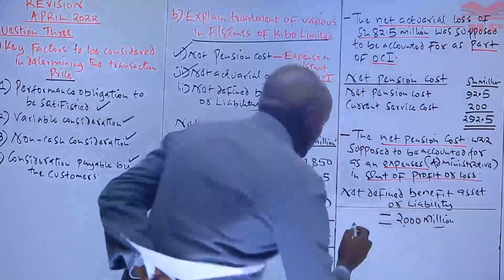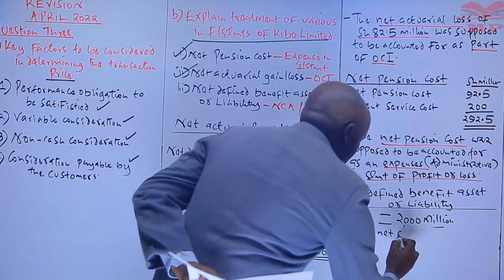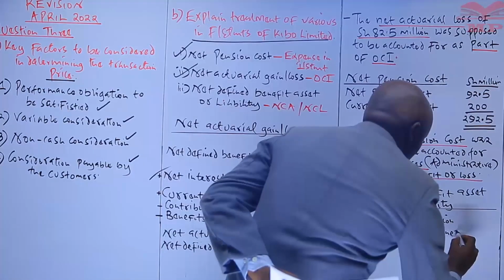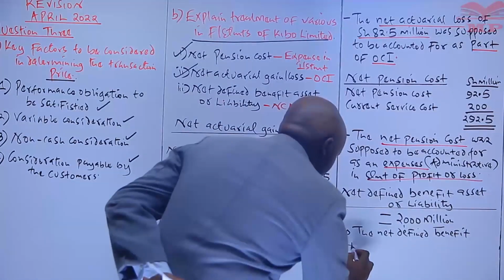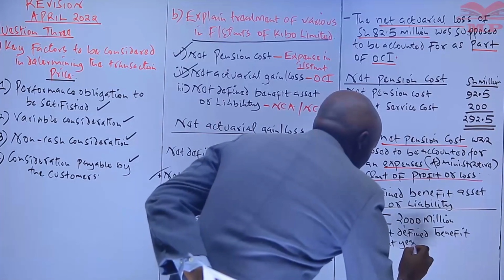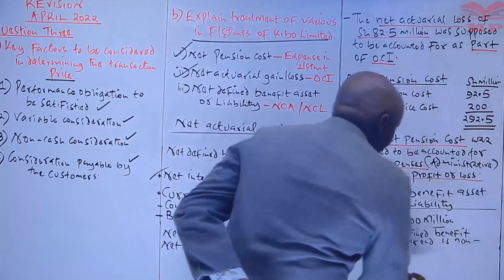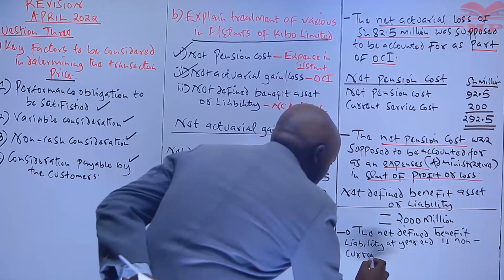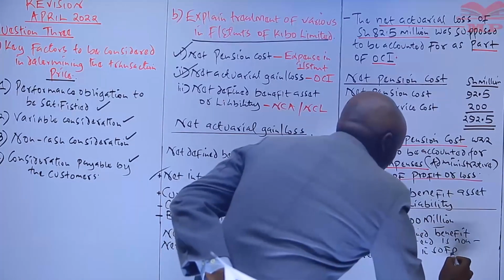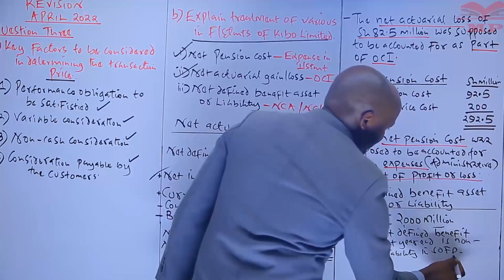We can give this explanation here, and we say that the net defined benefit liability at year end is a non-current liability in the statement of financial position.